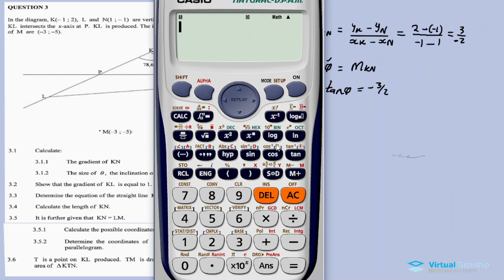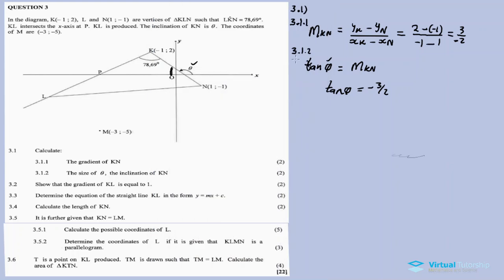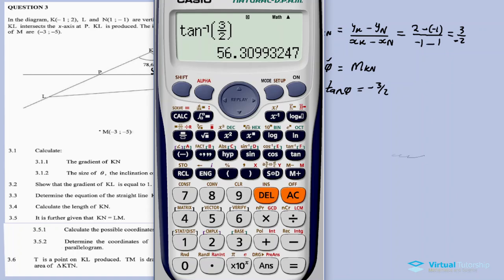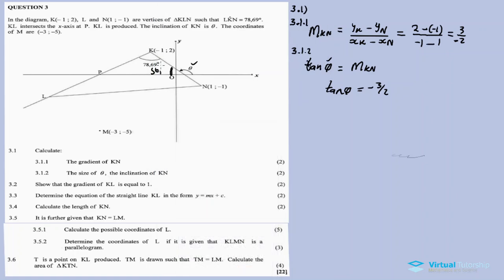So we shift tan of 3 over 2, which is equal to 56.31 degrees. Take this angle as a reference angle. 56.31 degrees is this angle, but we want theta.